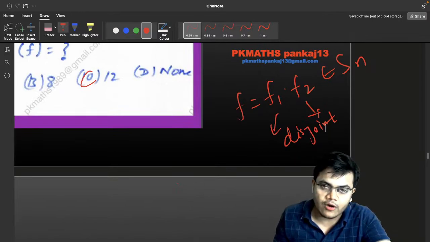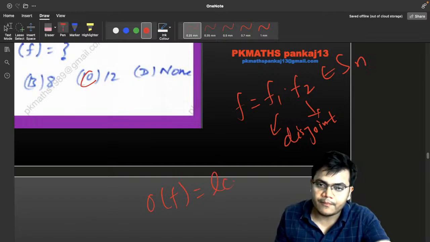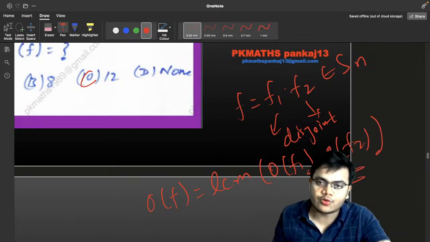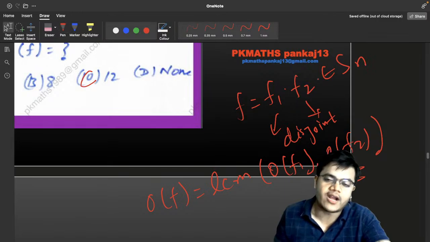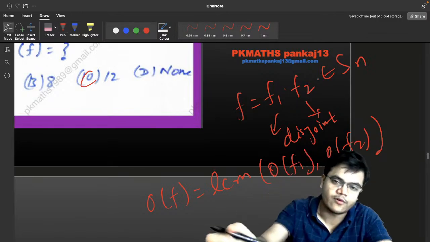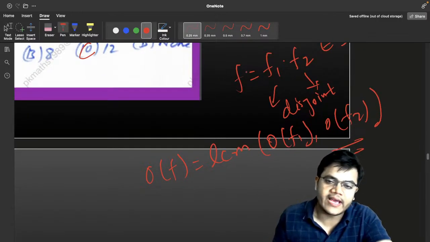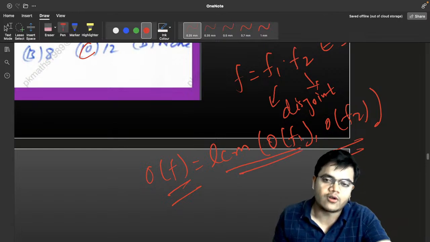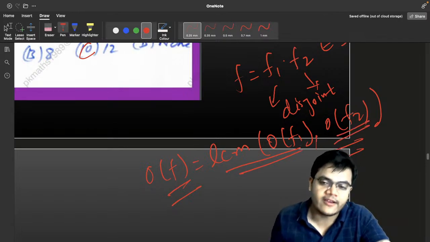The order of F will be equal to the LCM of order of F1, comma, order of F2. Okay. If this F is written as the product of F1 and F2 and it has been taken from Sn, then order of F is what? This is a very nice result. It will be equal to LCM of order of F1, comma, order of F2.